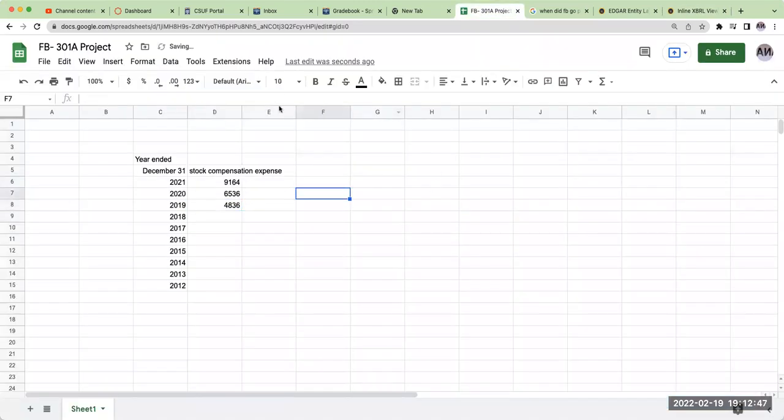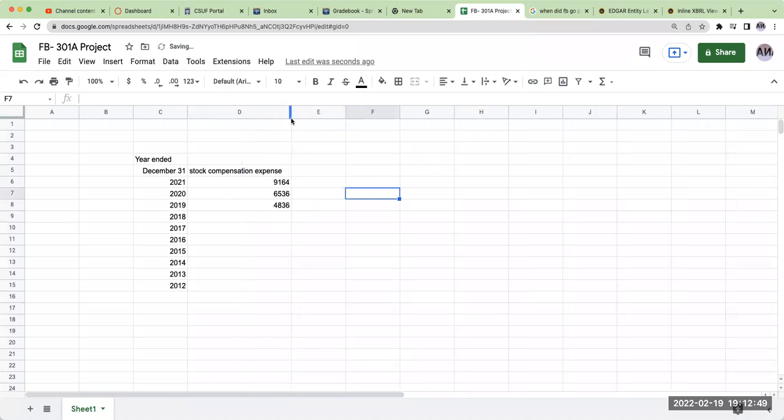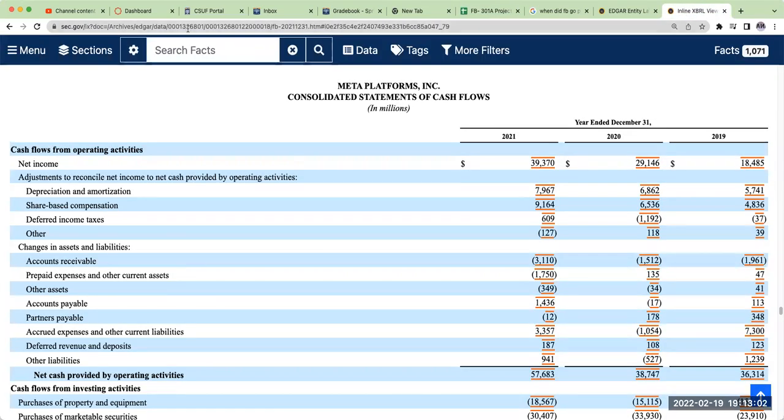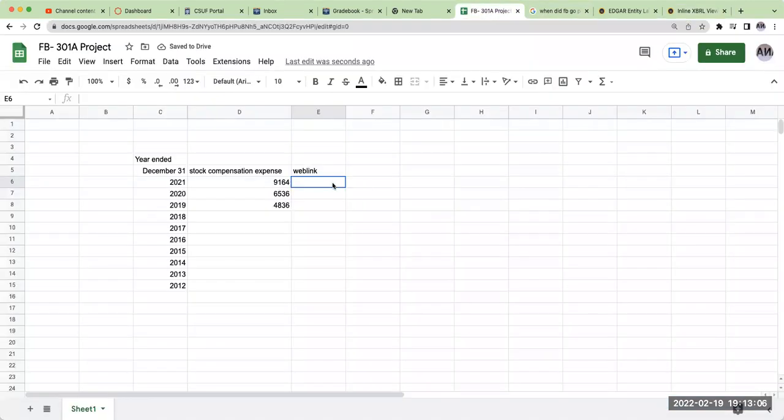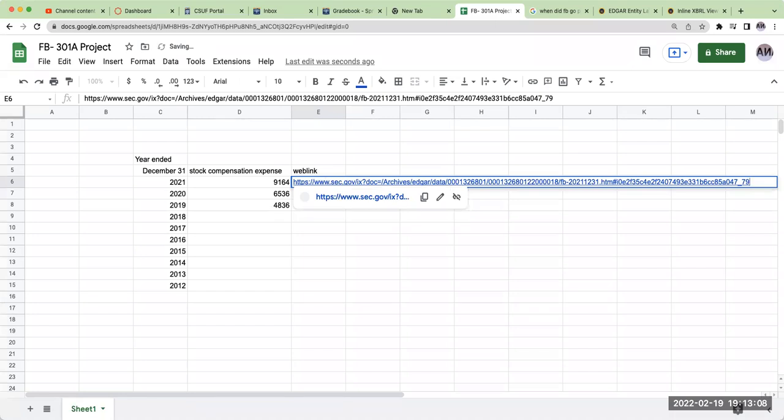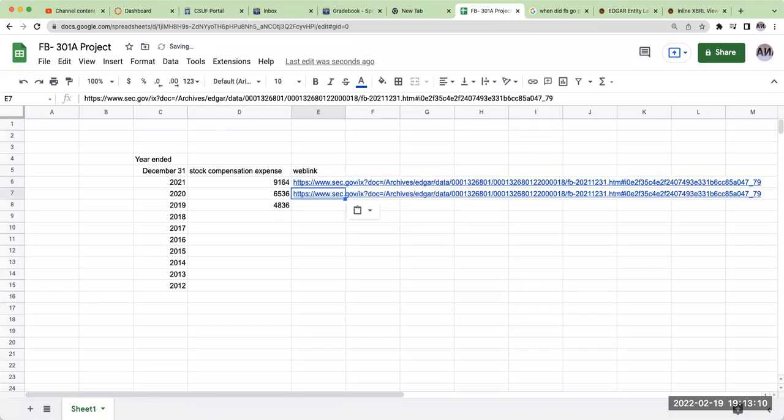Now, what's also extremely important when you're doing this is that in order to access this information more quickly in the future, we're going to be including a web link. So right over here, I'm going to copy this address at the top and paste it down over here.